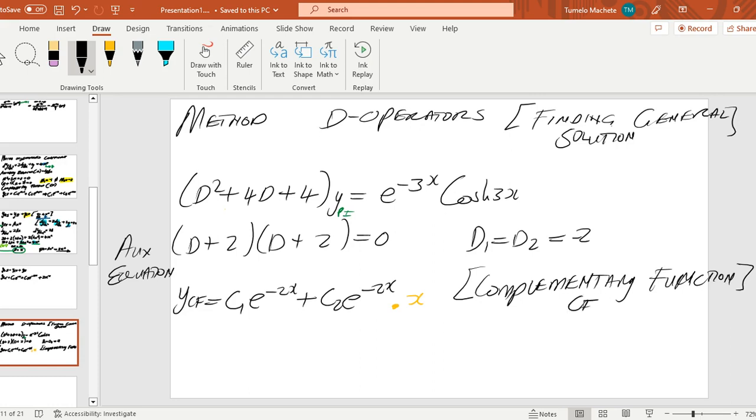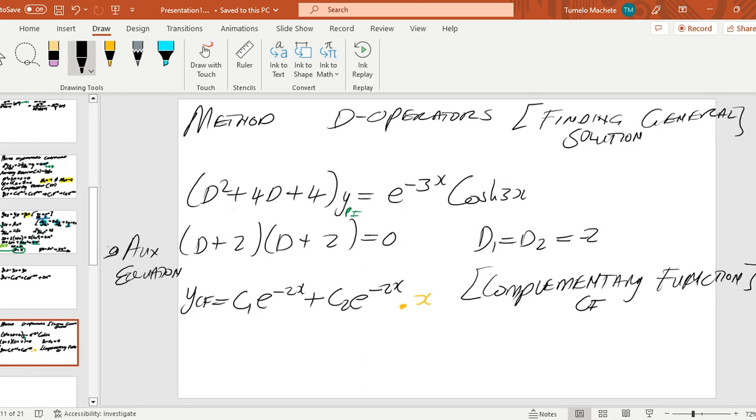which is your CF, the next step, so let's say this is step A, you find the auxiliary equation, find the factors. Then B, you find the complementary function. Then C, you're going to have to find the PI, the particular integral. To get the particular integral, you have to make the y from the original equation the subject of the formula.